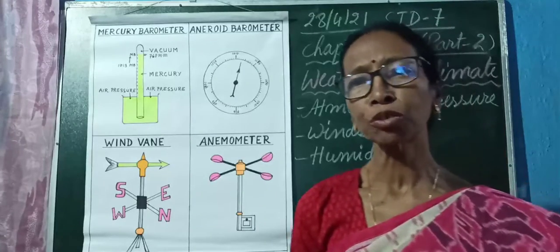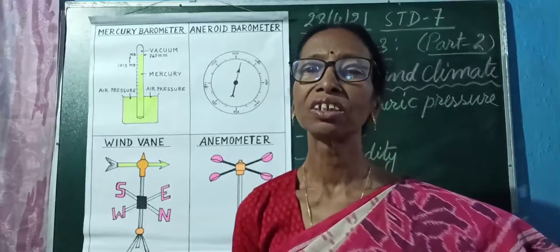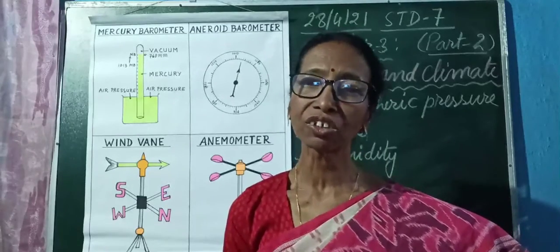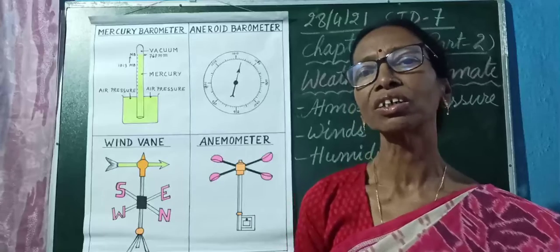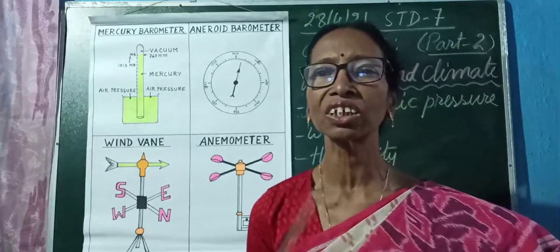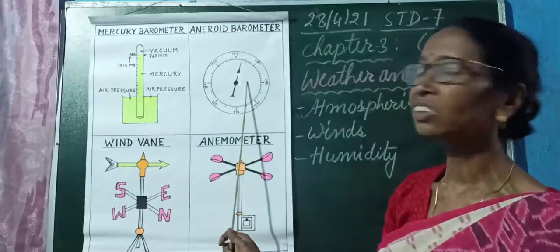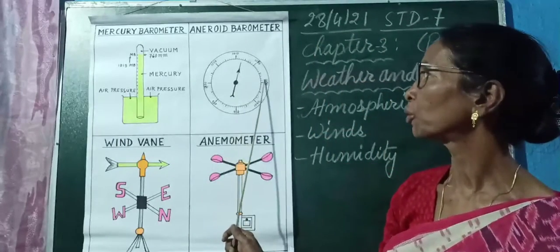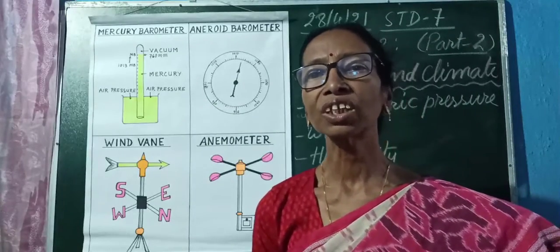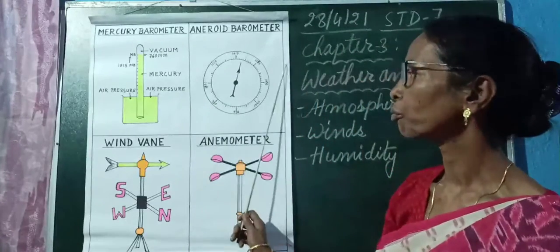When there is high atmospheric pressure, the metal box expands, and when there is low atmospheric pressure, it contracts. According to the expansion and contraction, the pointer indicates whether there is higher or lower atmospheric pressure. So this is the aneroid barometer.